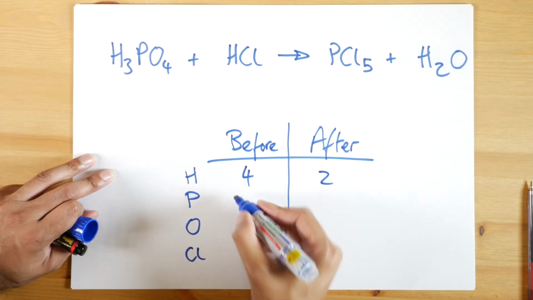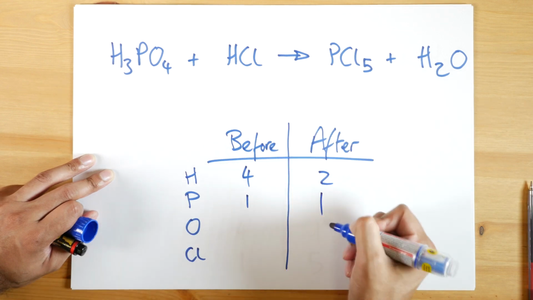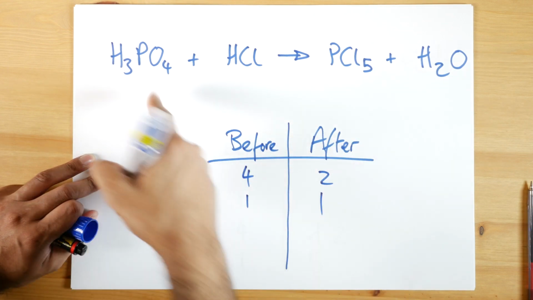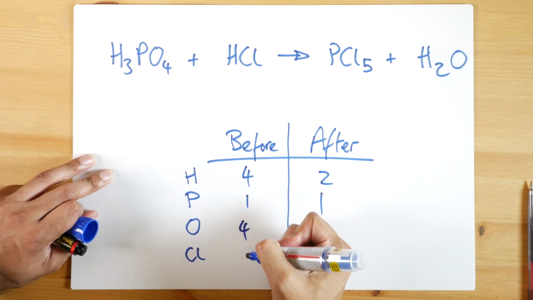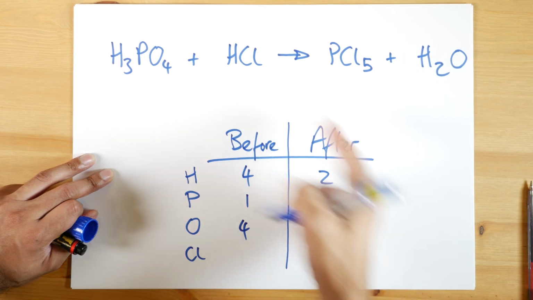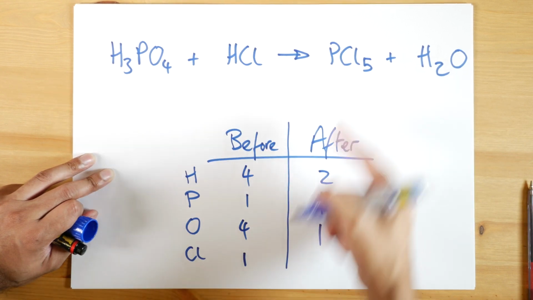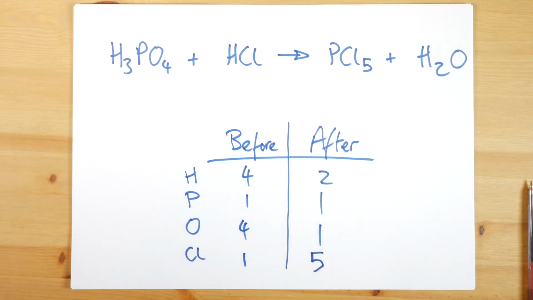Before for the P, we have 1. Afterwards, we have 1, so that's fine. Oxygen, before we have 4. Afterwards, we just have 1. And then Cl, before we have 1. And afterwards, we have 5. Oh dearie me, this looks complicated, but fear not.